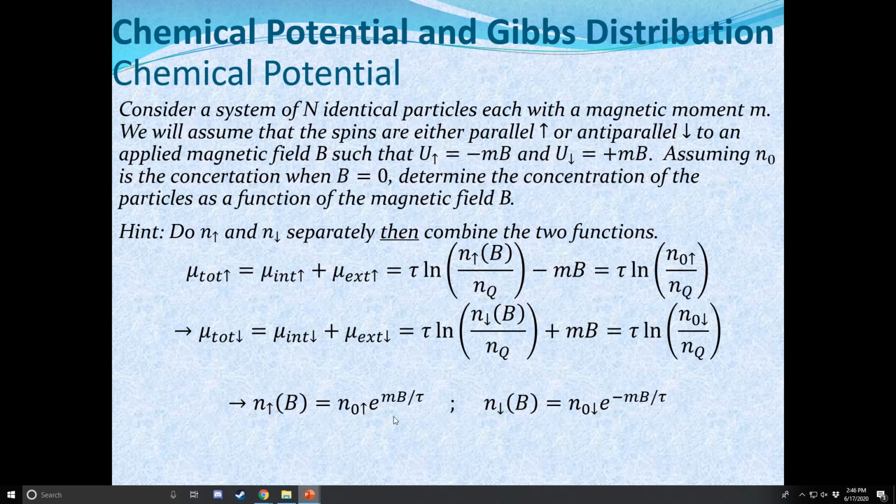So before we continue, I just want to note what I said before about recognizing the pattern. You should have already realized that the exponent above the e will pretty much always end up being the negative of the external energy divided by tau. So that's an easy shorthand to do some of these questions.